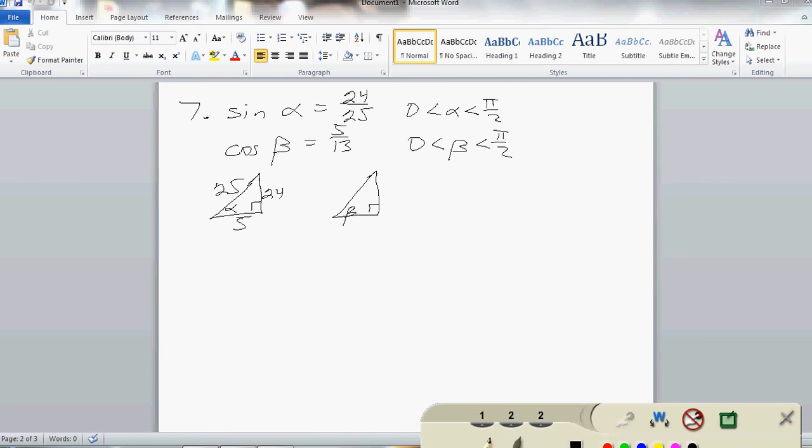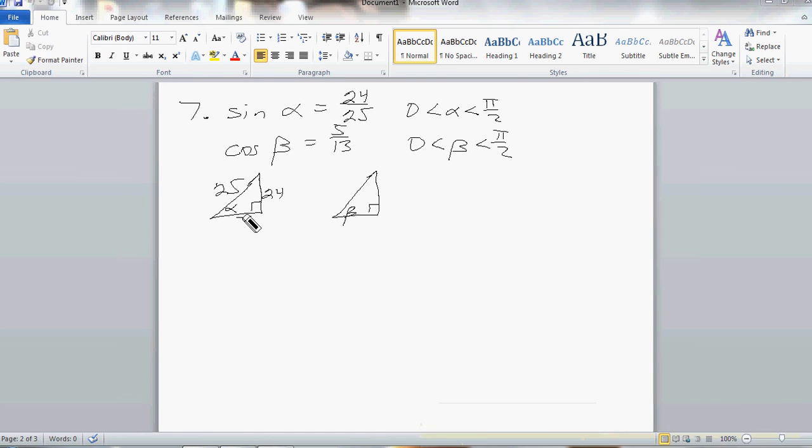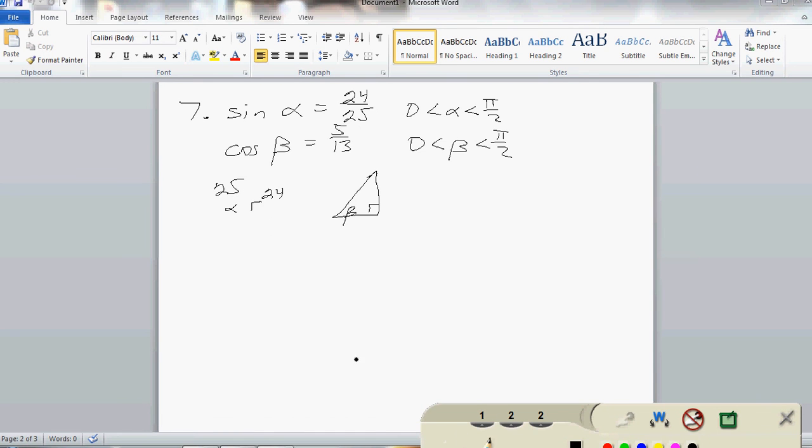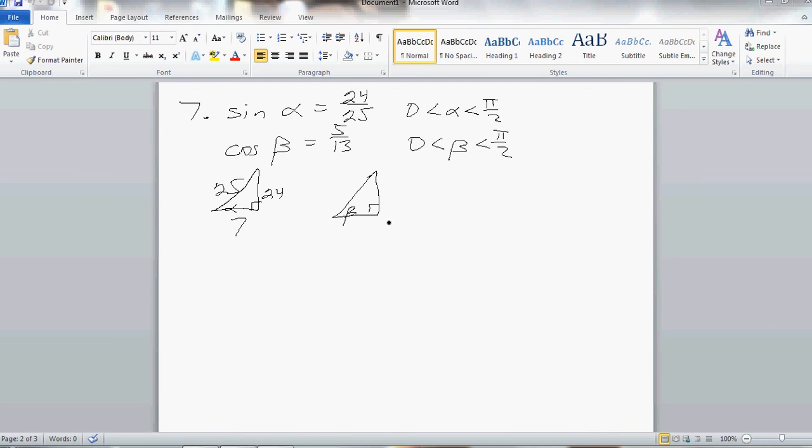So if I would learn my Pythagorean triples a little bit better, it wouldn't have been such a problem. And then for beta, cosine of beta would be 5/13, and so this would be the value of 12, which is part of the Pythagorean triple.